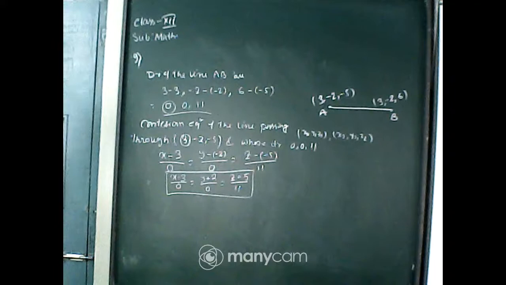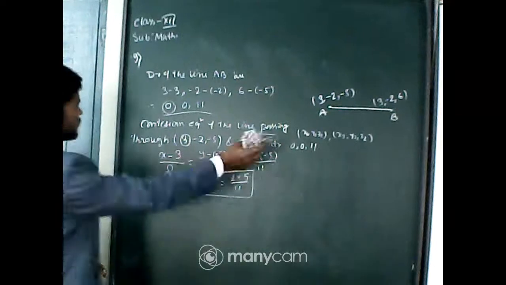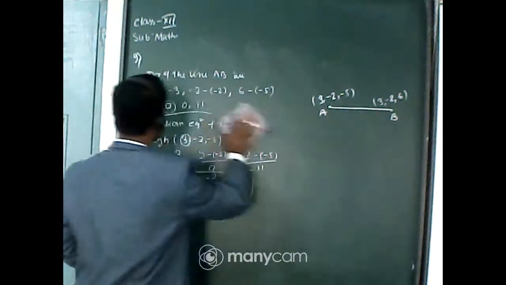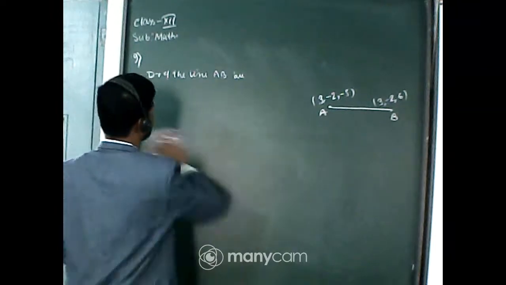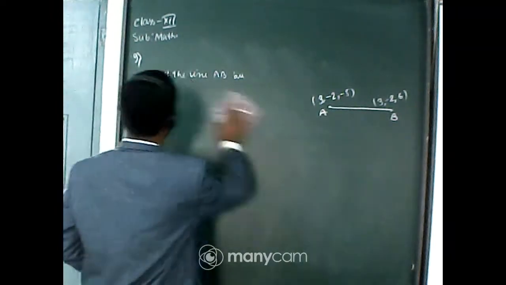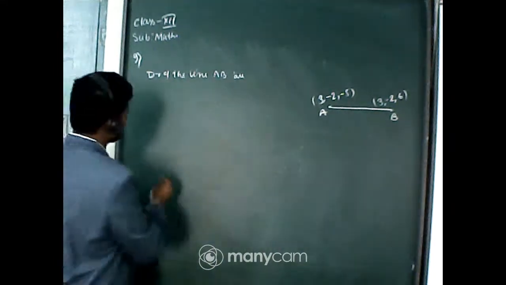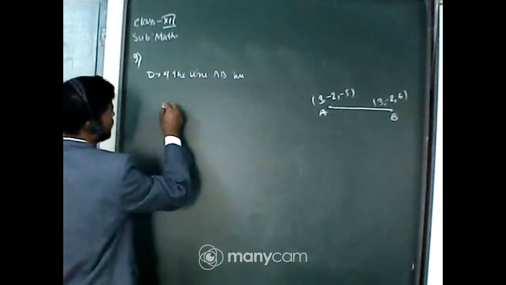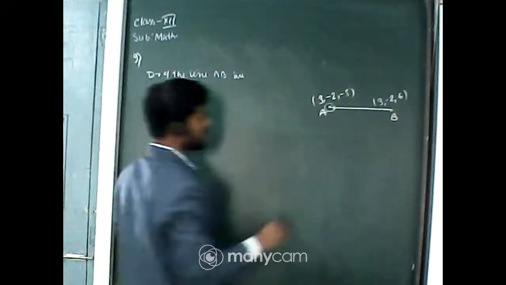Okay, now we'll calculate the vector equation of the line. Okay, so I'm rubbing out this portion. Now we'll find the vector equation of the line. Now look, let the point A lie on the line AB.